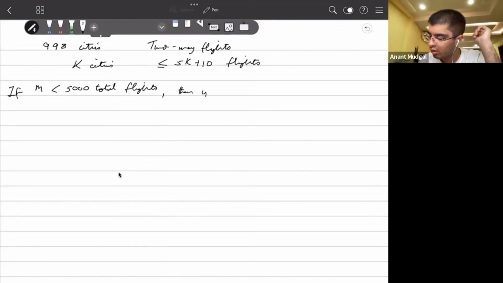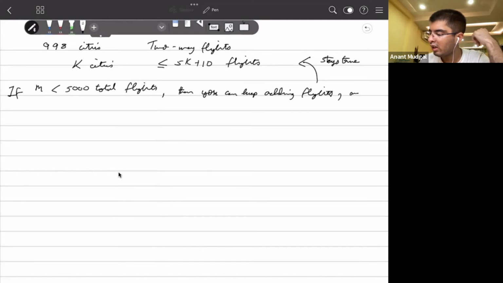Then you can keep adding flights such that this condition still stays true, and you have 5,000 total flights.